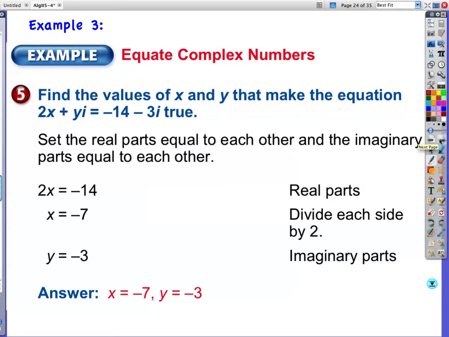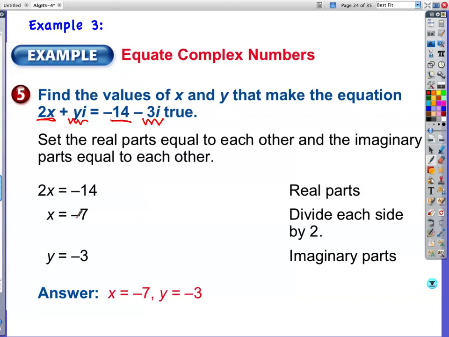So we've got this. Here I got an example written out in the book form. 2x plus yi, actually this one I don't want you to copy down. Example 3 you can kind of bypass copying down if you just at least follow along. 2x is this part, yi matches this part. That's why 2x is equal to the negative 14, and they solve that and they get x equals negative 7.